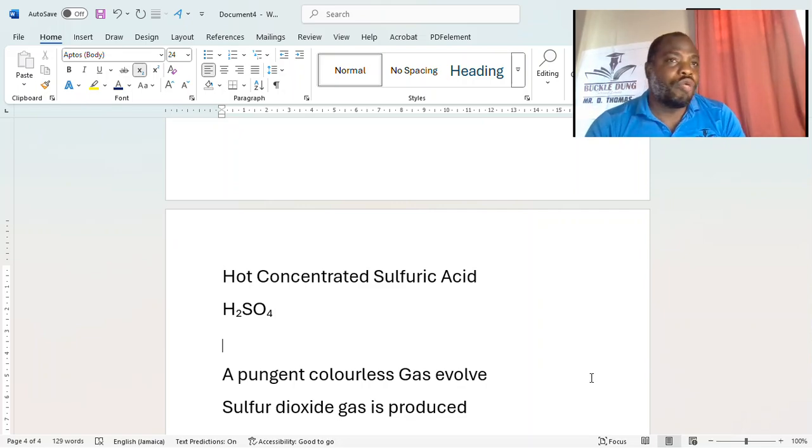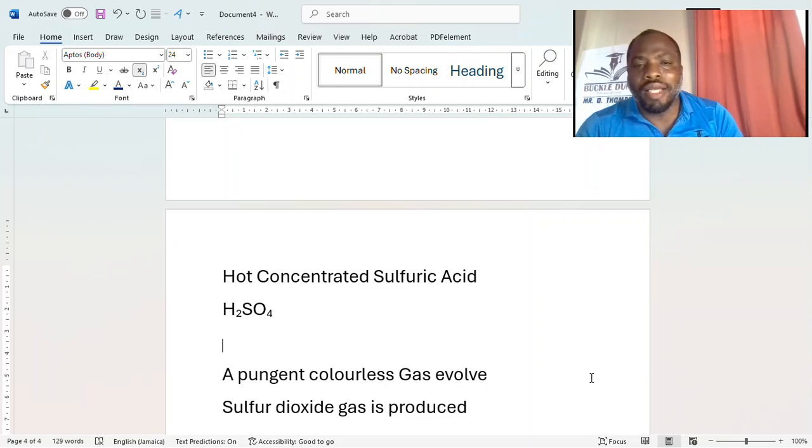You're supposed to know which oxidizing agent it is. So if they tell you that a pungent, colorless gas evolved, you should know that the only way you would get that gas is if the oxidizing agent in question is concentrated sulfuric acid.